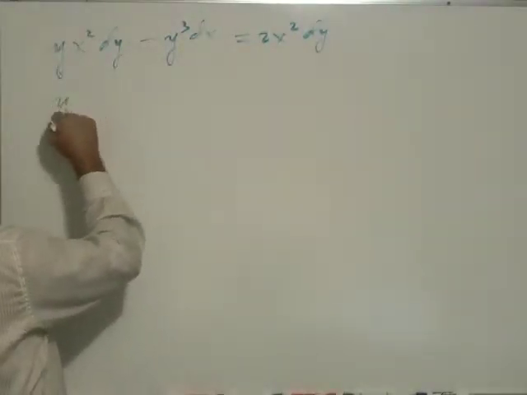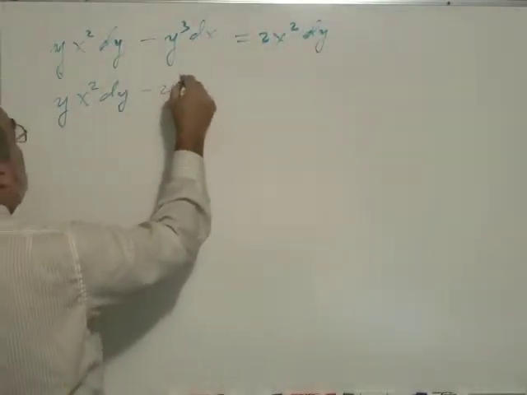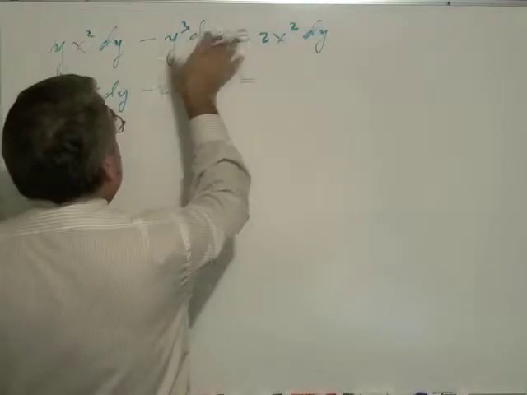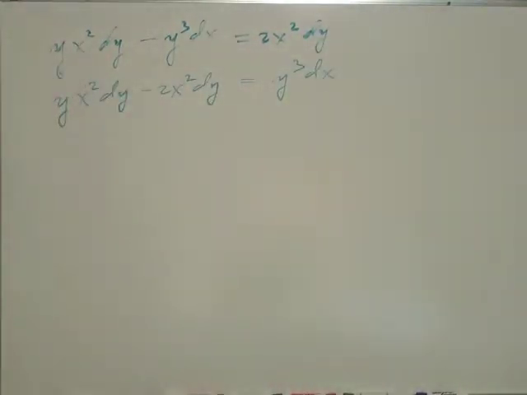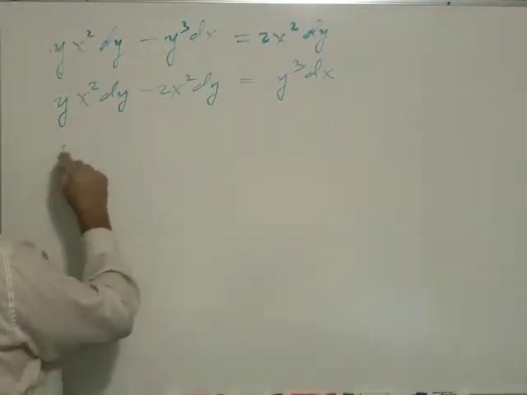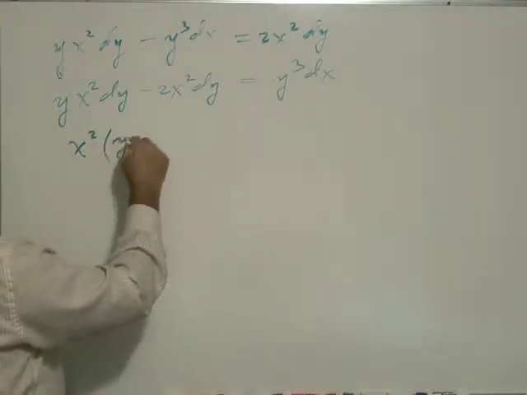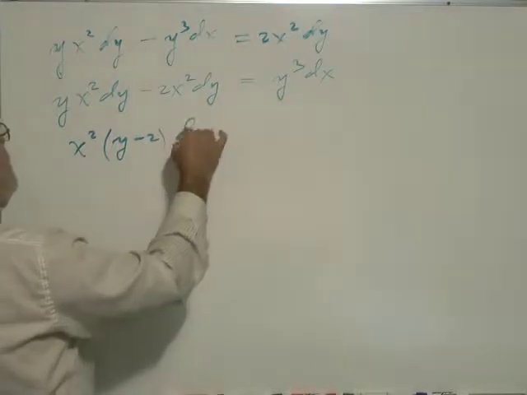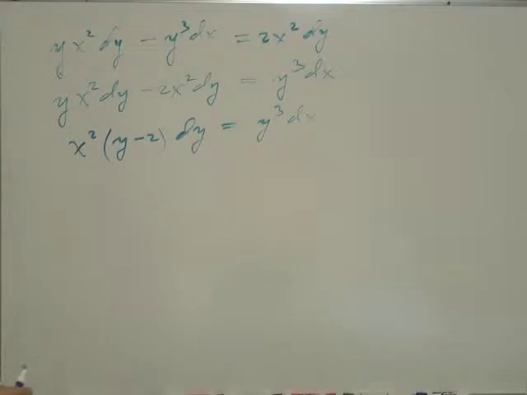So I've got y x squared dy, subtract this term, minus 2x squared dy, add this term, y cubed dx, and over here x squared and dy factor out, so I can write this as x squared times (y minus 2) dy equals y cubed dx. So I factored here in order to make the separation easier.